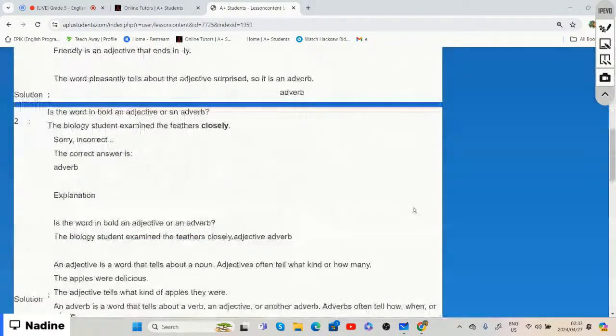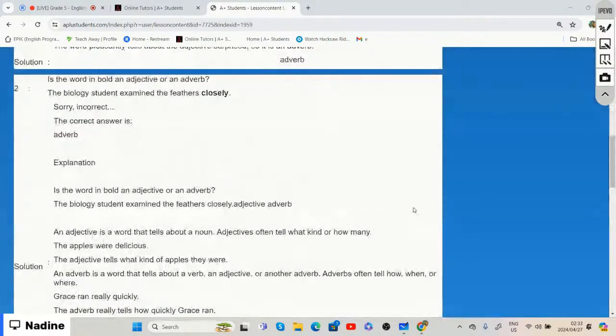The biology student examined the feathers closely. Closely. Is that an adjective or is that an adverb?